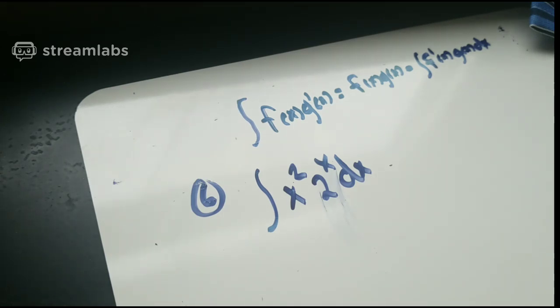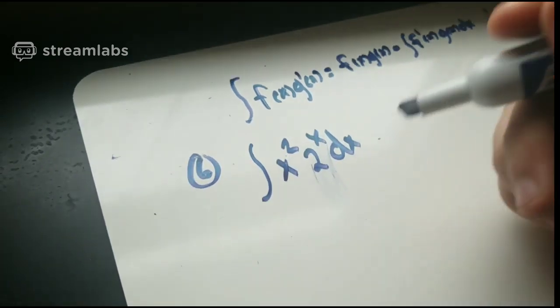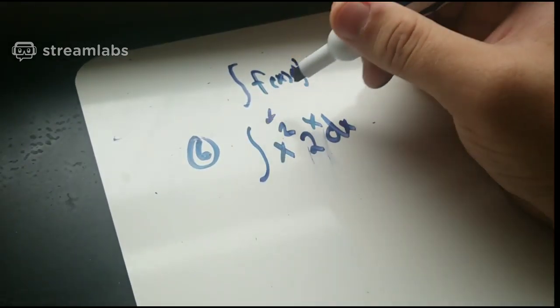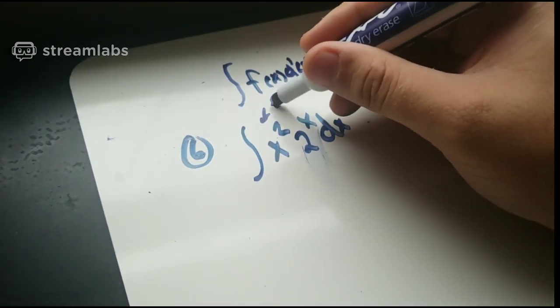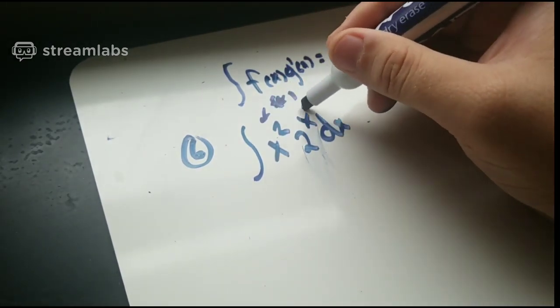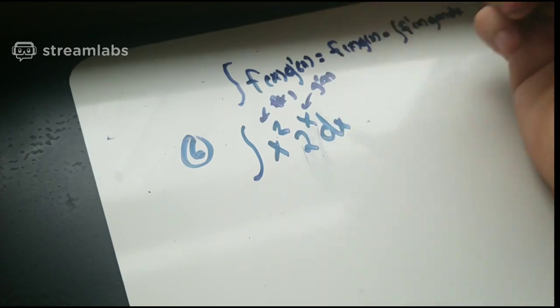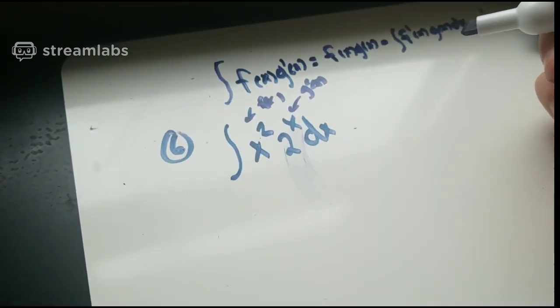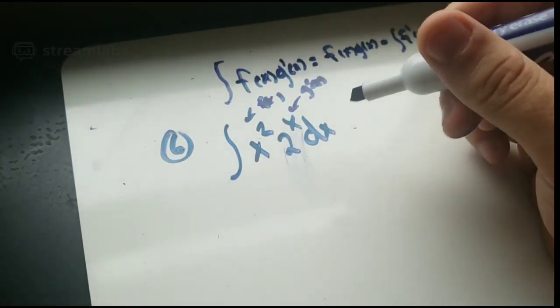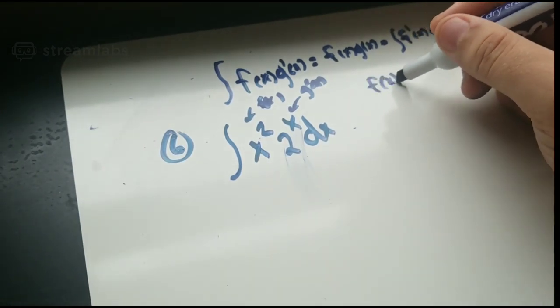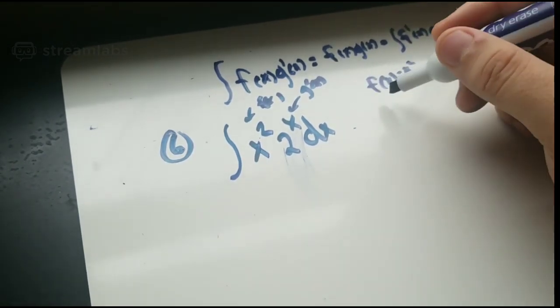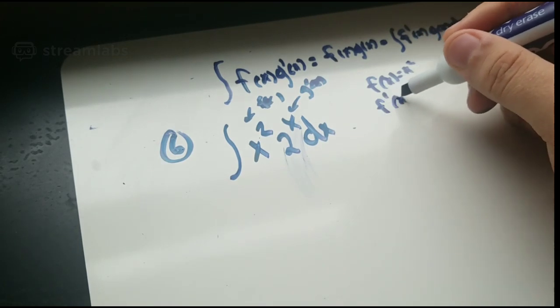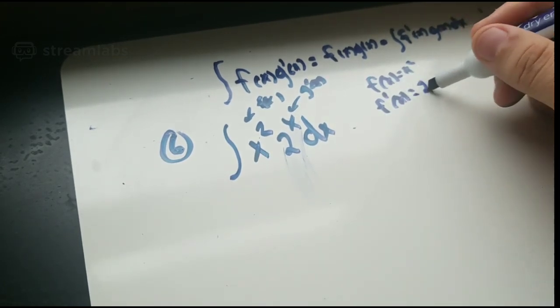All right, so we're going to do this one. I'm going to make this one f of x, and I'm going to make this one g prime of x. Okay? So x squared is f of x. So f of x equals x squared. F prime of x equals 2x.